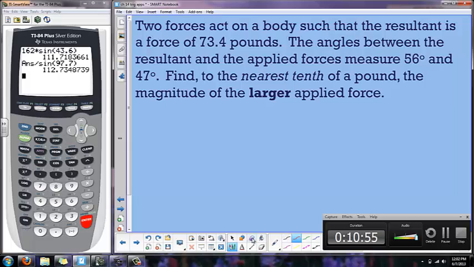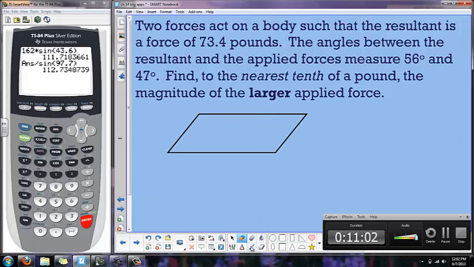So two forces act on a body, and we're dealing with forces, so I'm going to draw a parallelogram such that the resultant force is 73.4. The angles between the resultant force and the applied forces measure 56 and 47.